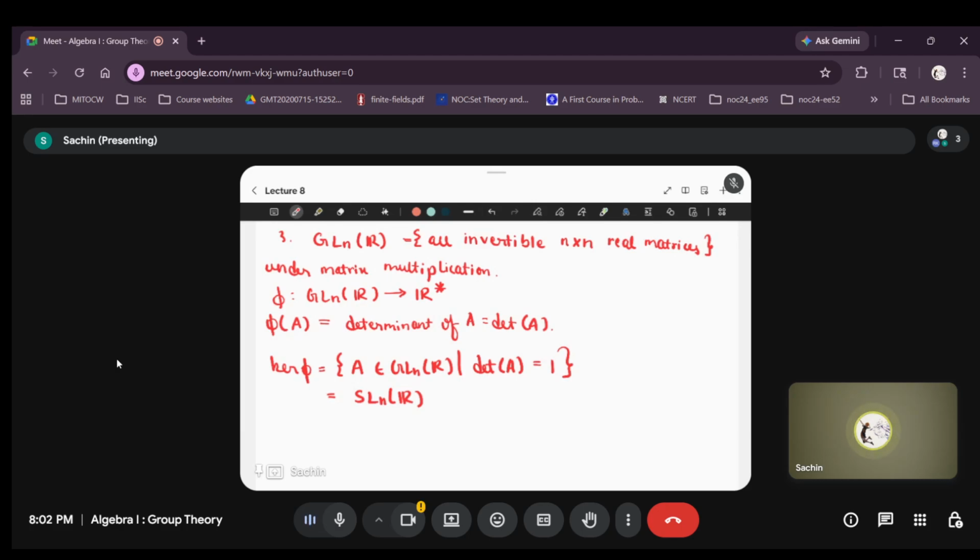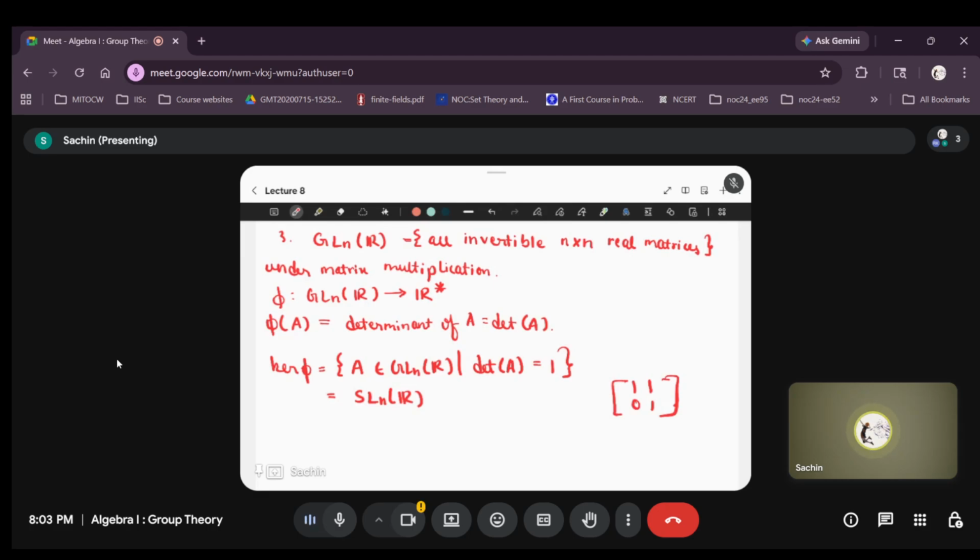Oh, there are other things also which have determinant one. See, this is the set of all n by n matrices, not 2 by 2. And even in 2 by 2, there are different matrices which have, for example, this would also have determinant 1.